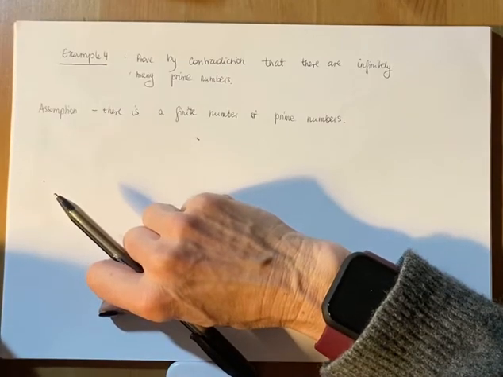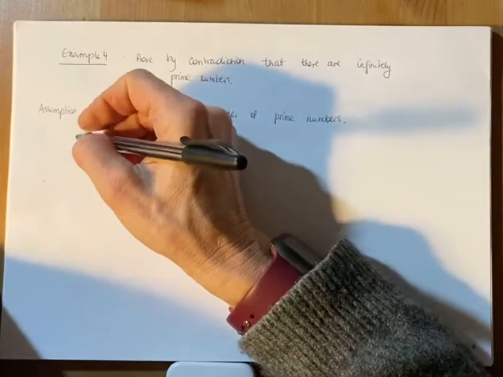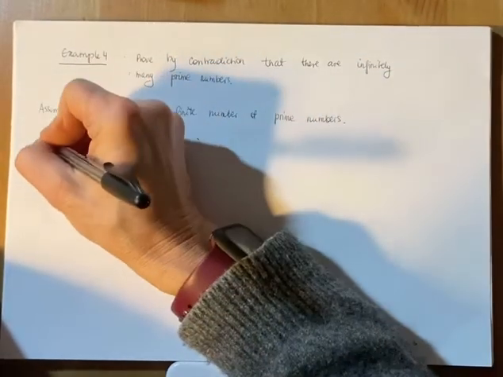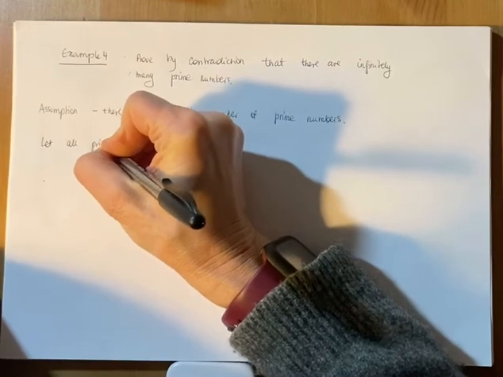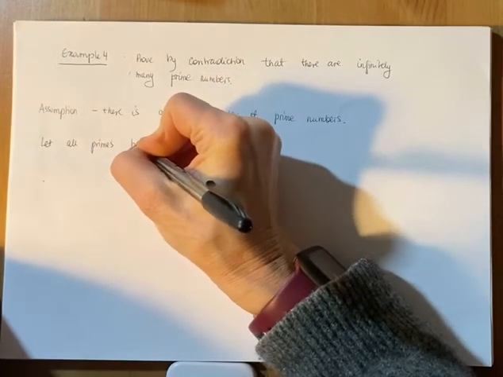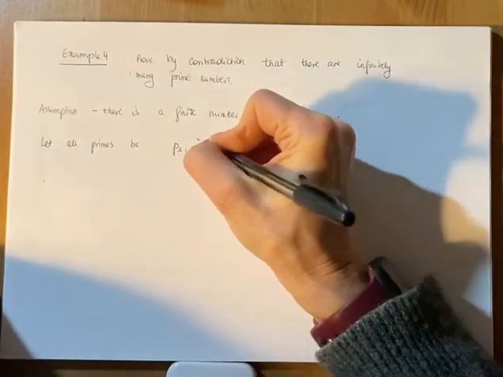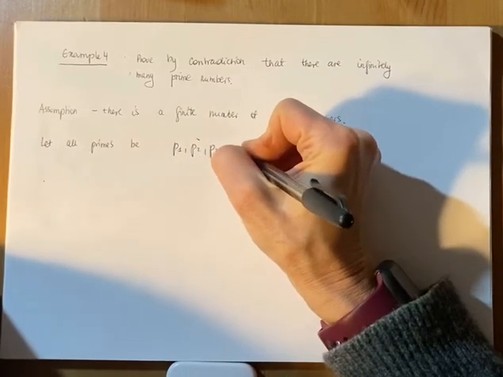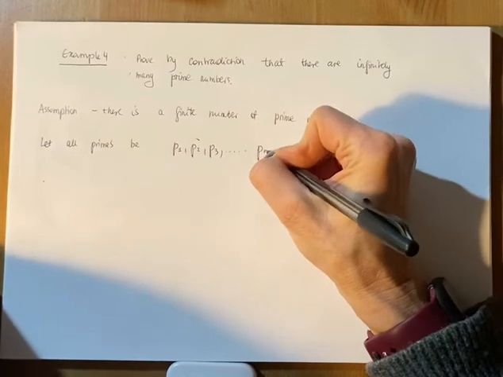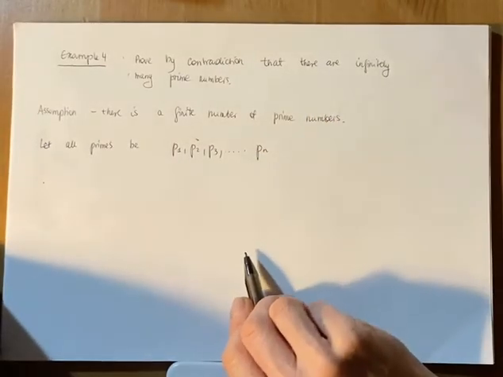So the assumption here is there is a finite number of prime numbers. That means there's that amount of prime numbers, there's no more to be found. So let all primes be P1 for prime, P2, P3, and let's say Pn. So there are n primes.